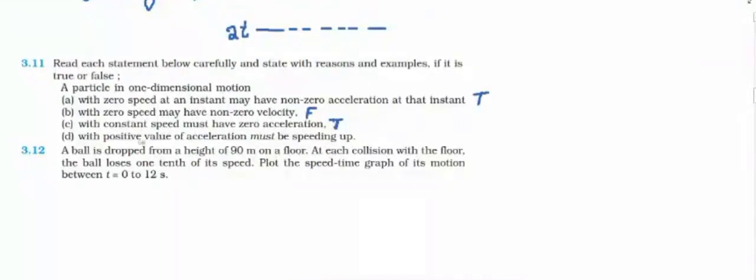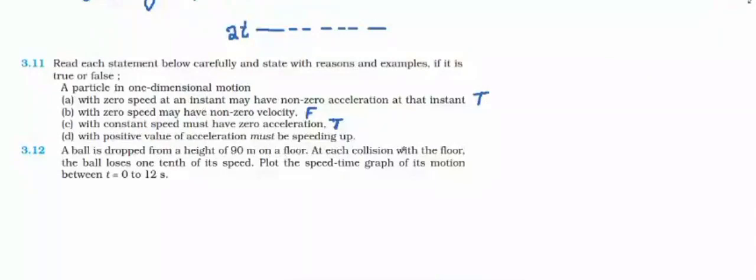Part D, positive value of acceleration must mean speeding up. If the value of acceleration is positive, the object should speed up. Okay. It depends on the fixation of frame of reference, the axis. You see there in the last question, part C, we have seen acceleration is always positive. But when you throw that ball upwards, what happens? Its speed decreases.